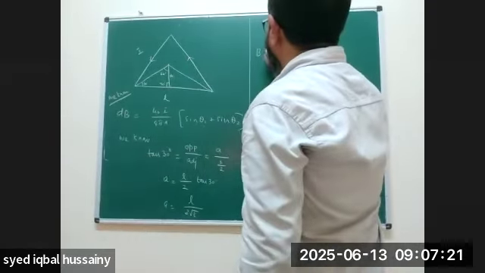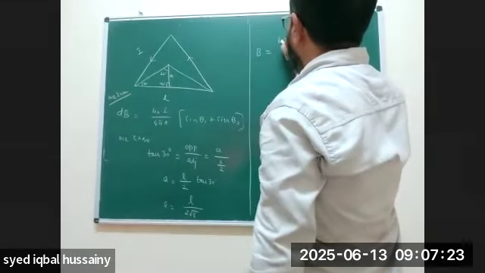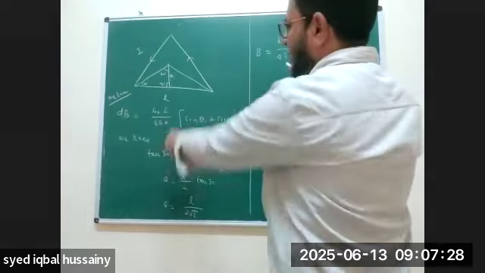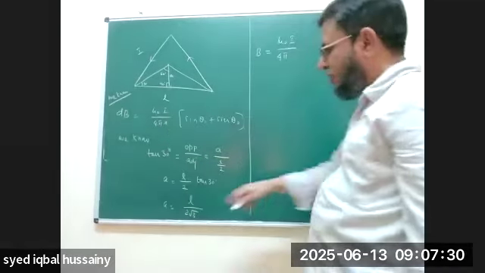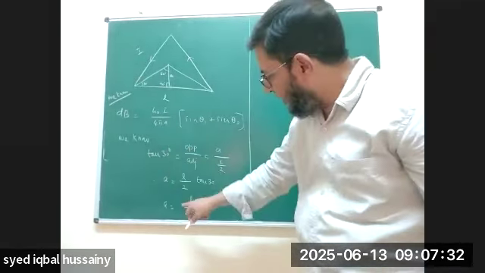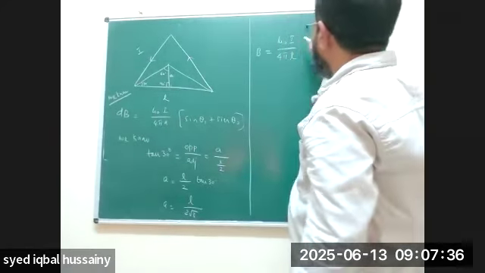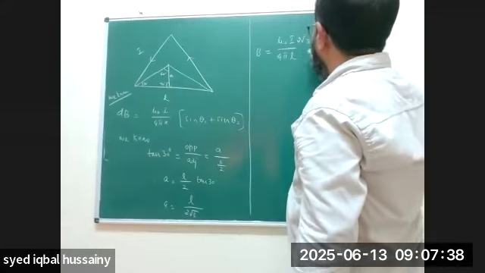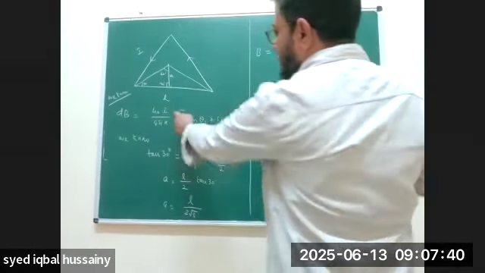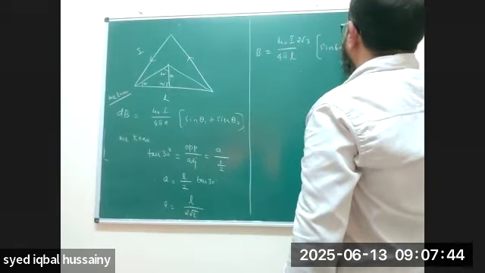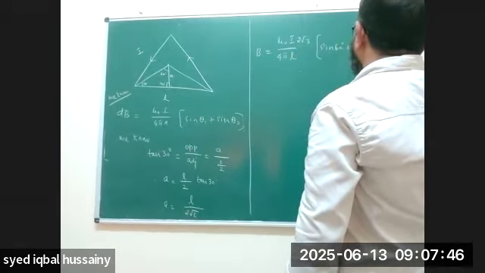So B equal to mu naught I divided by 4 pi A. What is the distance? It is L by 2 root 3. Take L by 2 root 3 upward, so 2 root 3 by L into sin theta 1 plus sin theta 2, that is sin 60 degree plus sin 60 degree.